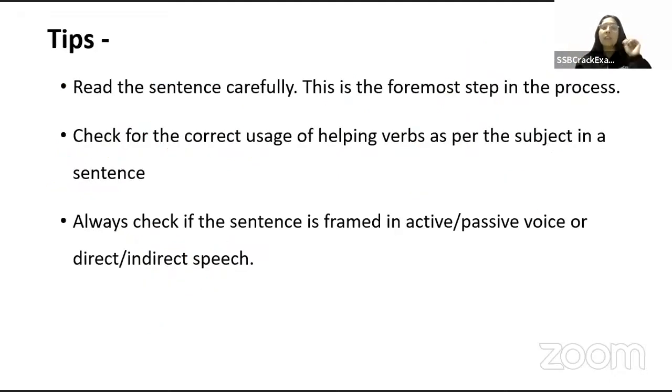And one more thing, guys, you have to read everything carefully, because some questions will be easier to rectify, but sometimes it can be a bit complex. Maybe you get a sentence which is actually in passive voice, but they have used the V1 form.